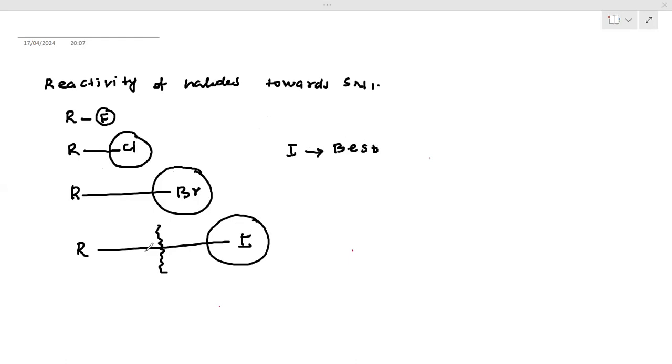We can break the bond easily because the bond length is larger, so the attraction between the positive and negative ends is lesser, and the bond between alkyl and halogen is weaker. So finally we conclude that iodine is the best leaving group.